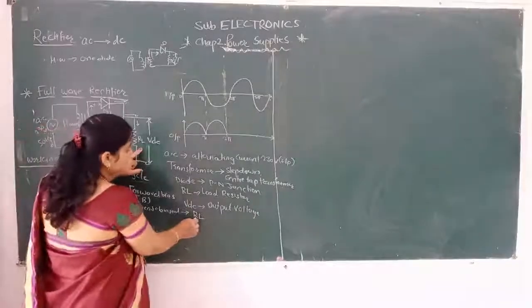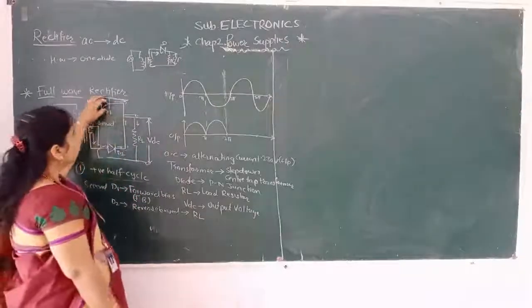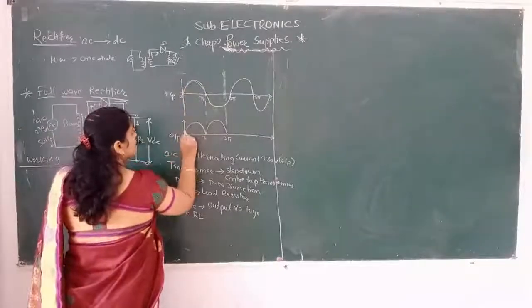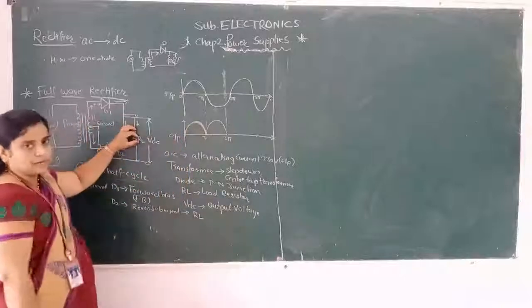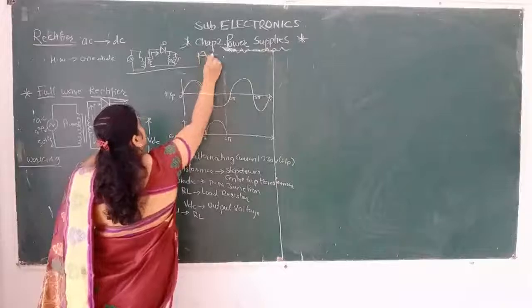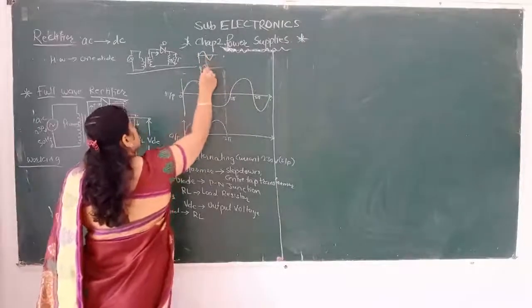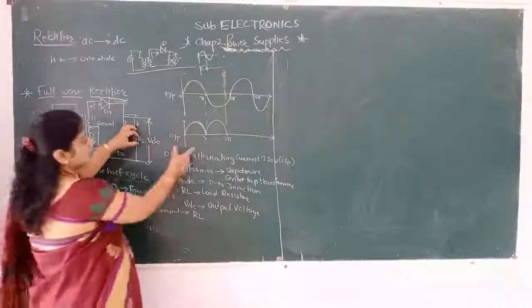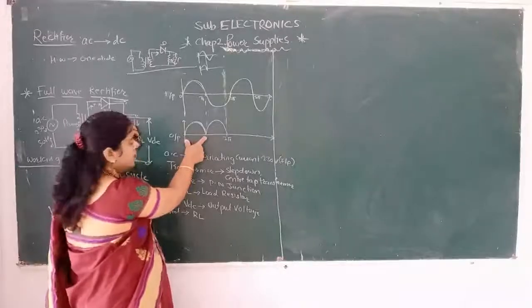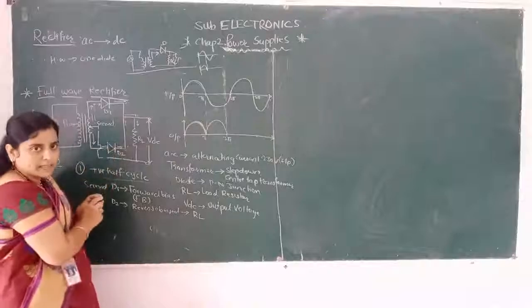Therefore, only one diode is forward biased, so only half the cycle is rectified, as we have seen in the half wave rectifier. Like this, only half of the waveform will be rectified. The other half will not be rectified because it is in the reverse bias condition.